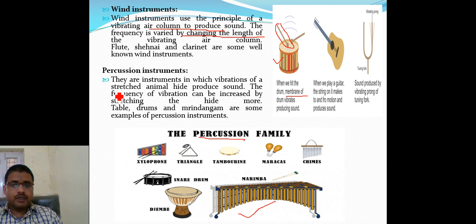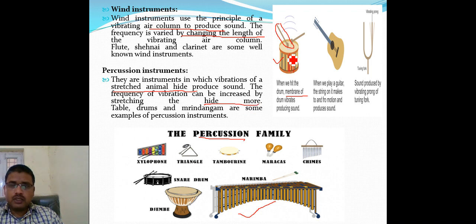The stretched animal hide, that means there is a kind of thing which is used in the drum, and that animal hide produces sound. The frequency of vibration can be increased by stretching the hide more, which I have already told. This is the hide.